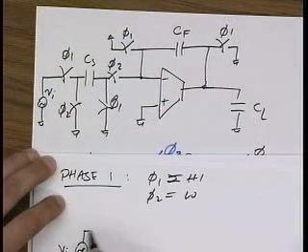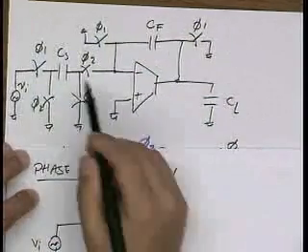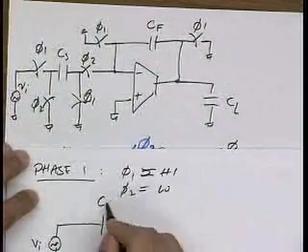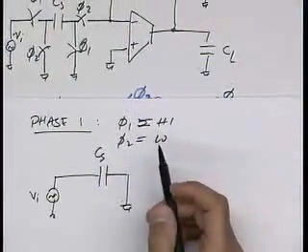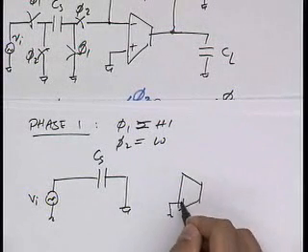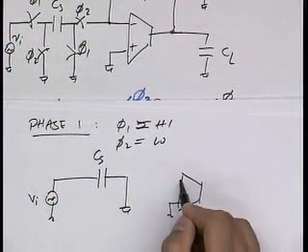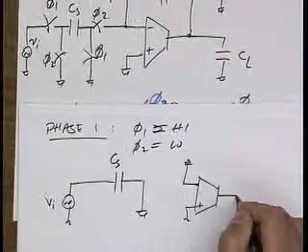So this is V input. You can see it's shorted across here into CS, and then CS is grounded. So CS is actually not even connected to the amplifier. Then my amplifier is actually also grounded in unity gain mode.